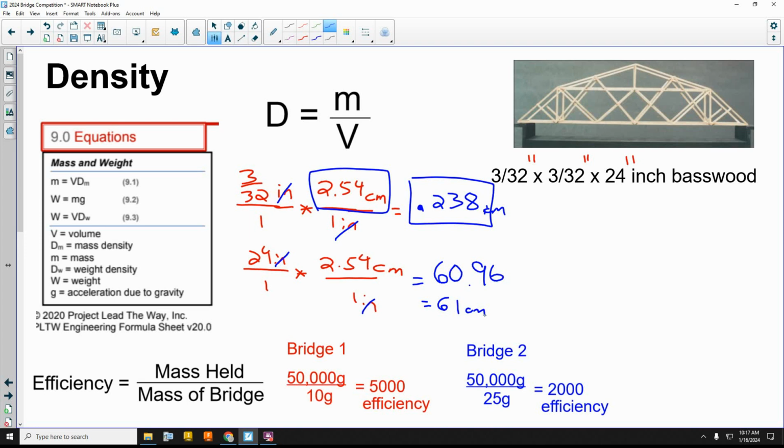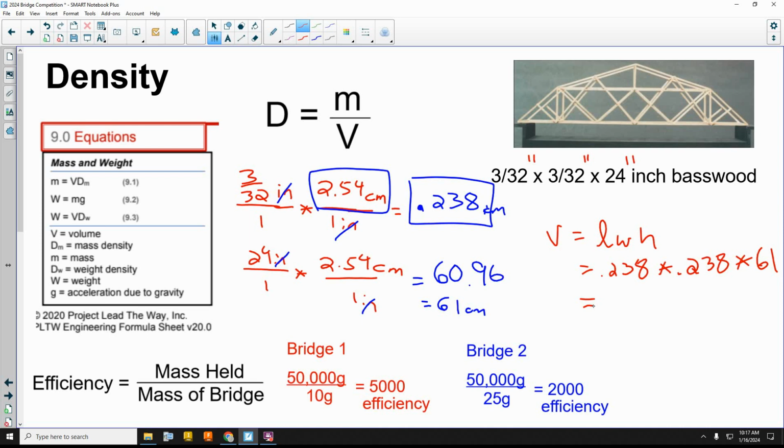So the volume of 1 stick of basswood: length times width times height. Now that's 3/32, which is 0.238, times 0.238, times 61. So 0.238 times 0.238 times 61.